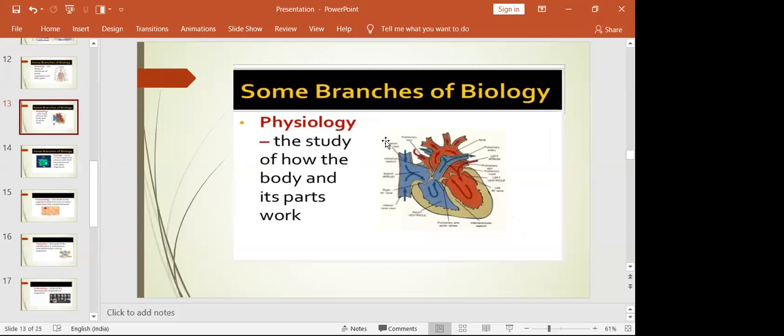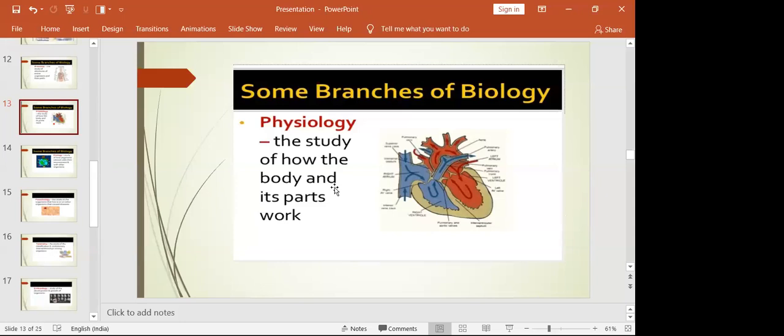For example, I gave the heart. Surya, the picture was not coming, sir? Please wait, it is on the way. Please check your network. It is okay, sir.